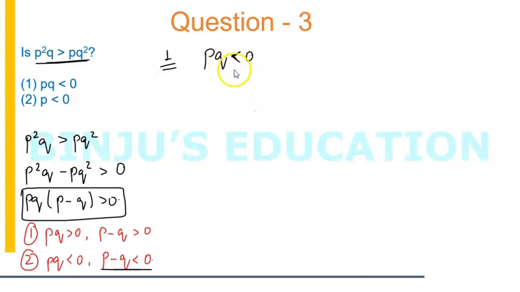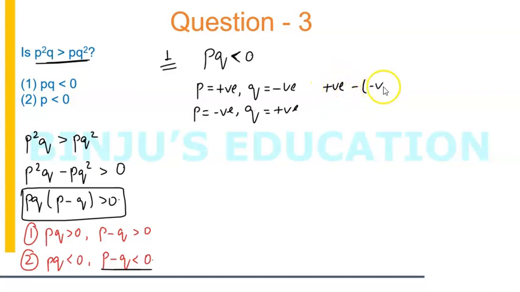So if pq is less than 0, it may happen that p is positive and q is negative, or that p is negative and q is positive. If p is positive and q is negative, then p minus q will become positive. In the other case, it will become negative.